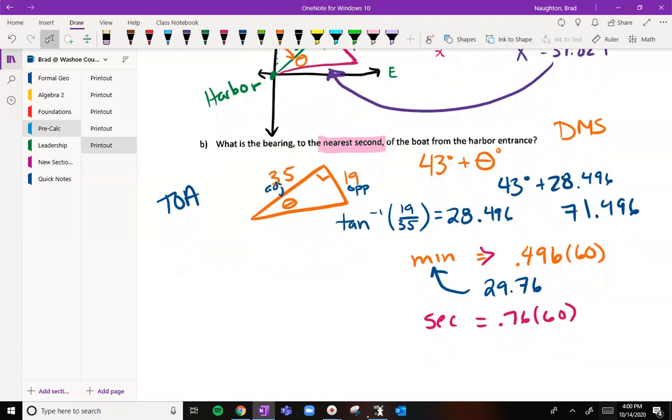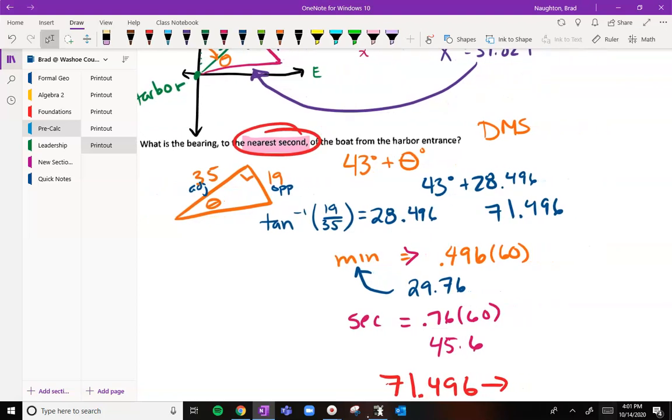So 0.76 times 60 is going to be 45.6. So 0.496 equates to, to the nearest second, that's why we had to erase this, as I didn't read directions, if I want to be completely honest. So it's going to be 71 degrees, 29 minutes, 45 seconds.